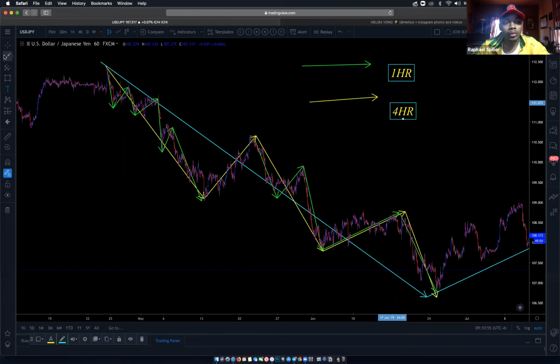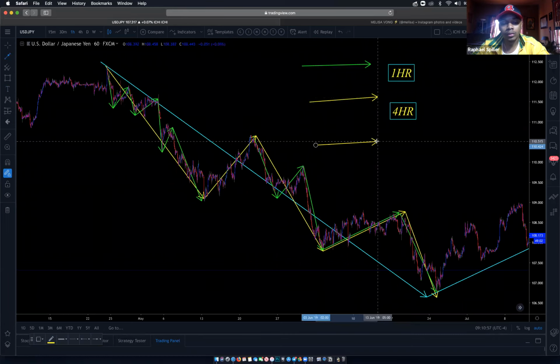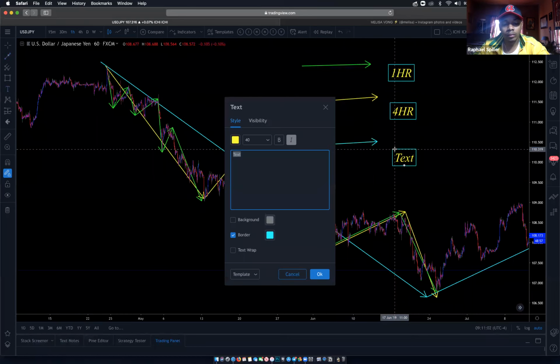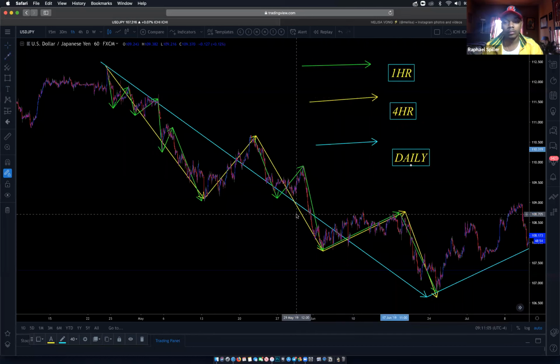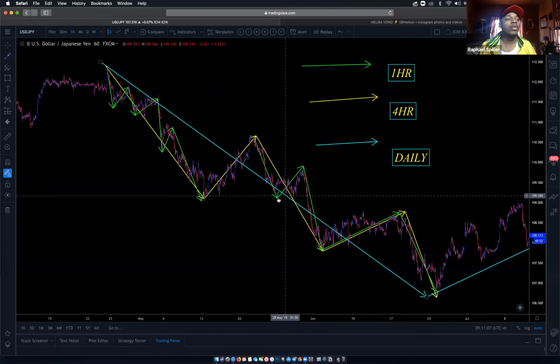And the blue, the turquoise, is the daily. So you see how on the 1 hour, you get more impulse, correction, continuation, right? That means that's more ways for you to enter in and out of the market, more ways for you to make more money, right? Or make quicker money. On the yellow, it takes a little bit longer to create the impulse, correction, continuation.